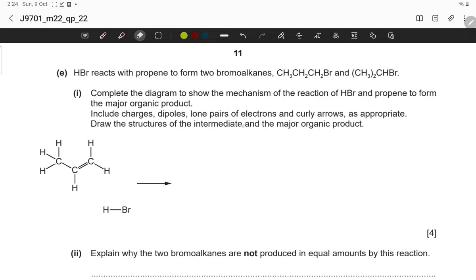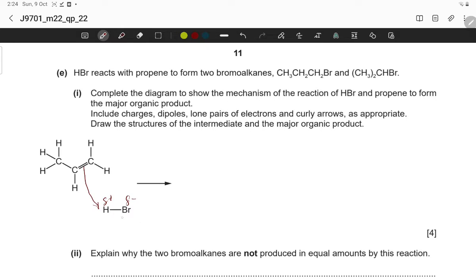Include charges, dipoles, lone pairs of electrons and curly arrows as appropriate. Draw the structure of the intermediate. So this carries partial negative and partial positive, and comes close to this.